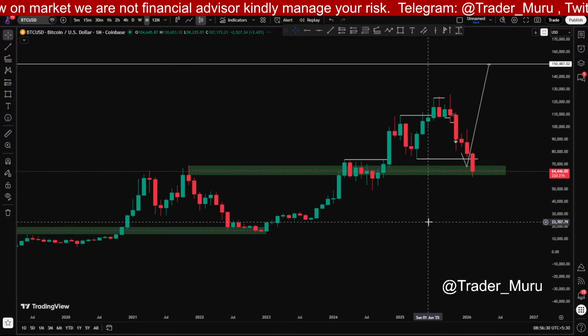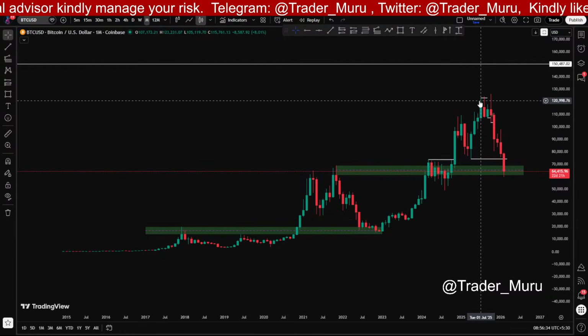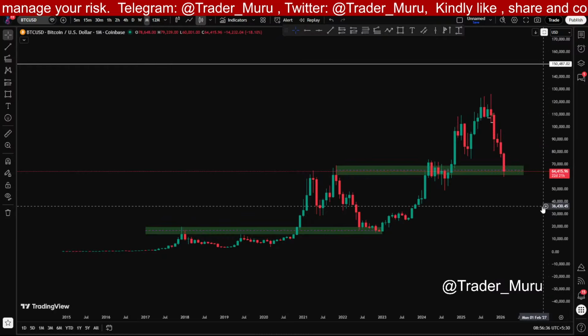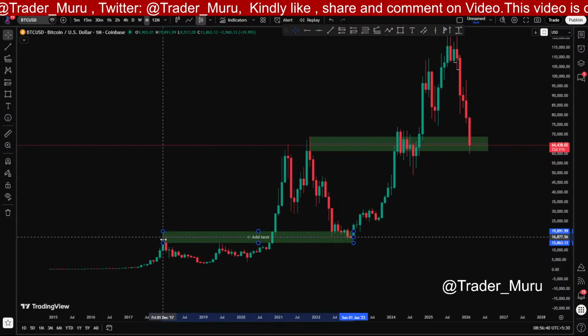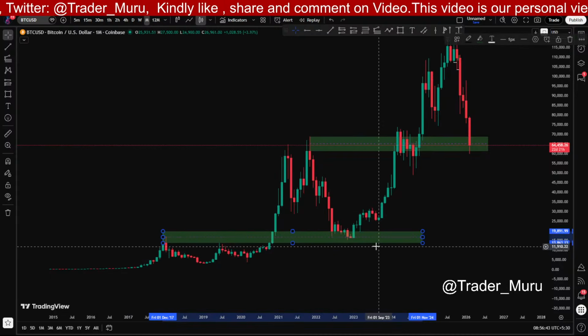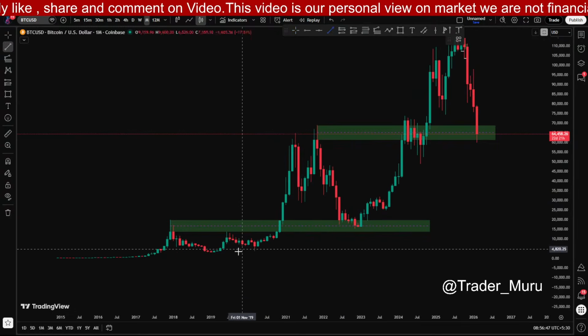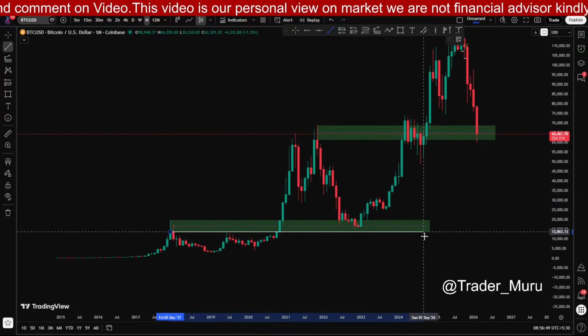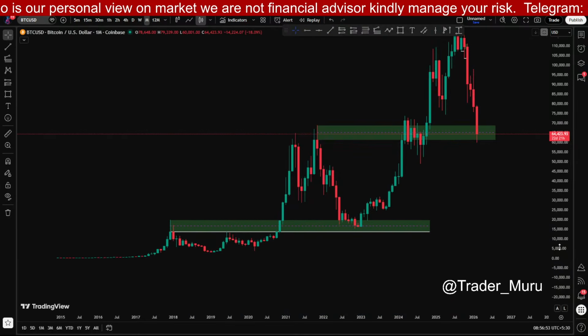So this is the current area in BTC. Look at this. What happens when BTC is in bull trend? Most of the time, when BTC hits the previous high, it is the bottom for the next rally. And BTC has never closed a candle below the previous high closing month.